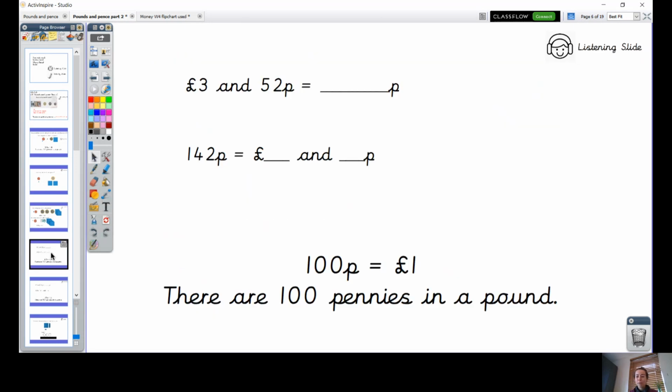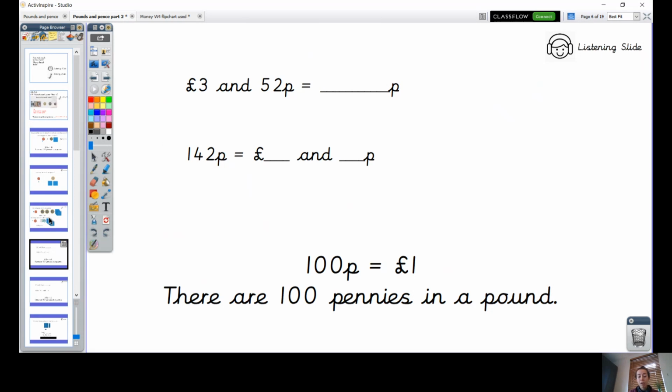Okay, pop your pencil down again. Now we might come across a question a bit like this. Sometimes we have pictures and sometimes we don't. So on this occasion we haven't got pictures to help us, but we can read the statements. We've got £3 and 52 pence is the same as how many pennies? Now I'm going to think first at how many pence is in £3.